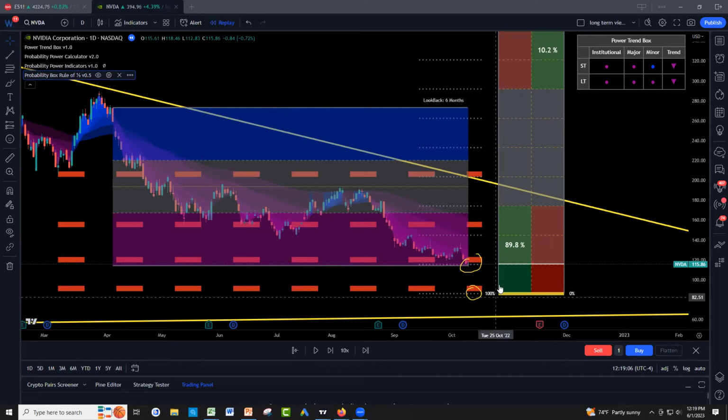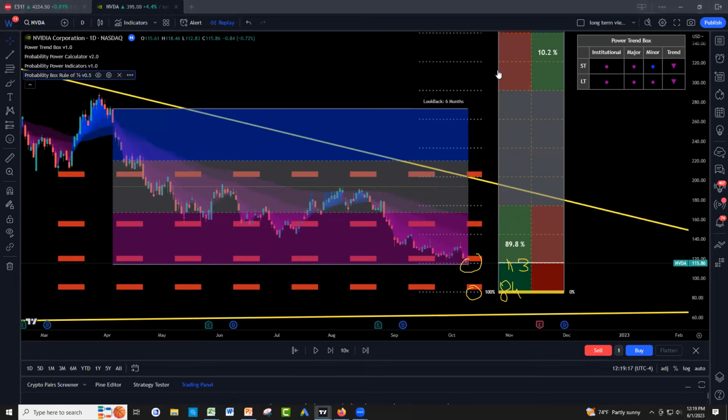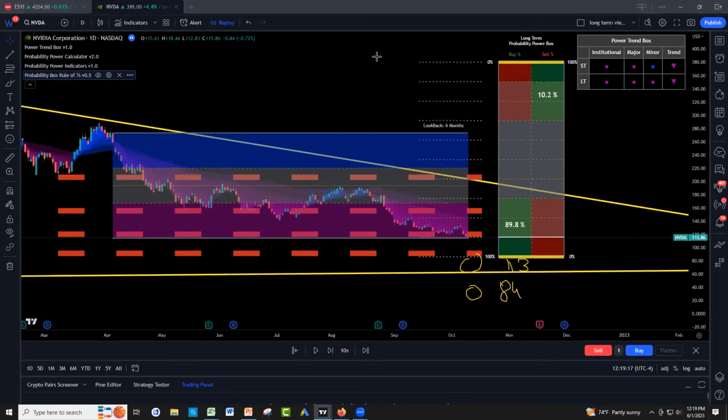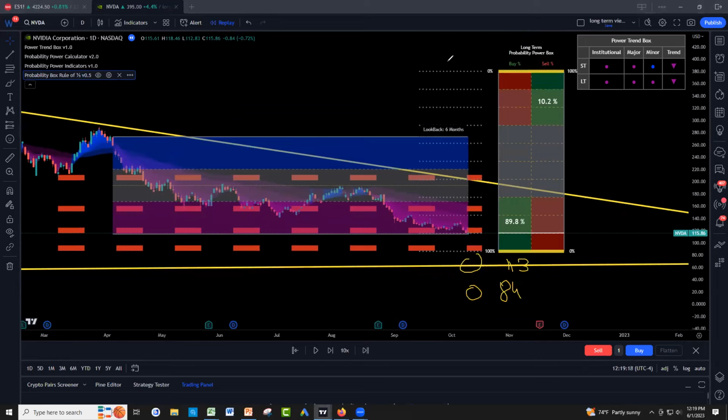I'm entering at 113, my stop loss is around 84. Look, my upside potential is right there. It's 380. I'm risking 16 plus 13, 29 points, right? To make 270 points.